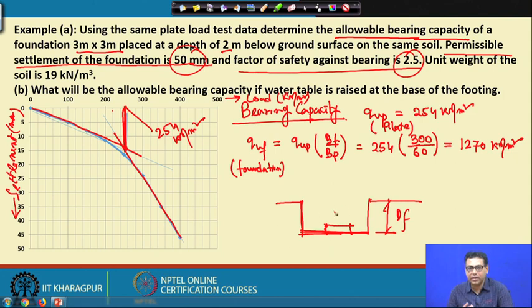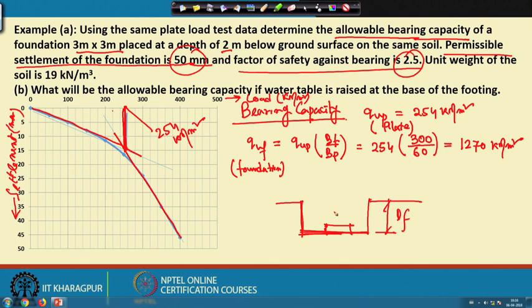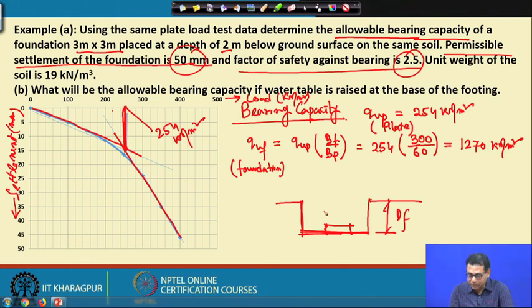So, really in the real field, you will get the resistance or more capacity from this portion of the soil, and this portion of the soil is nothing but the surcharge Q. So, that means we have the three effects. One is due to the cohesion, first term, second term is due to the surcharge, and third term is due to the weight of the soil or the friction.